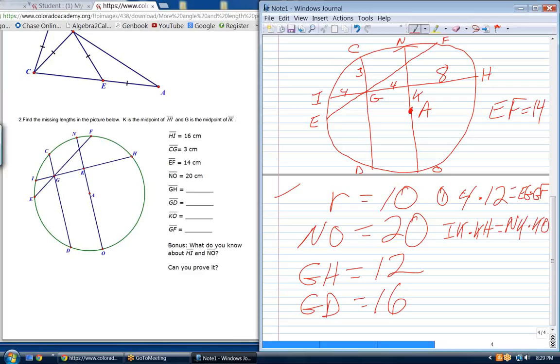And IK times KH, I know is 64. So I can say 64 is equal to NK times KO. And if I now look at the two chords NO and EF, I know a lot about EF.